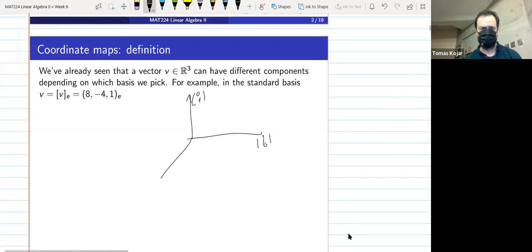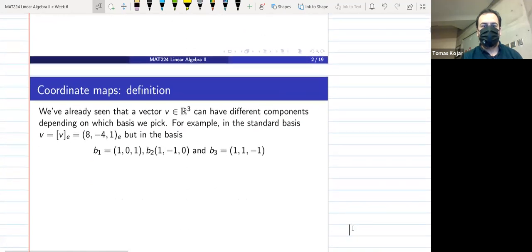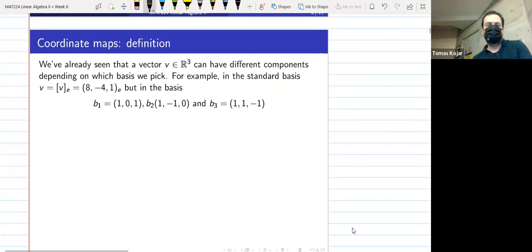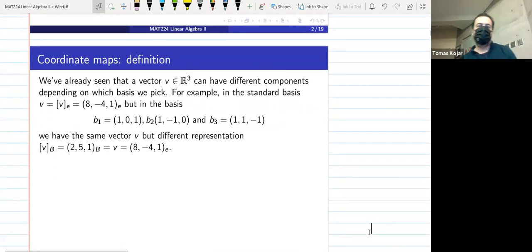So this is in 3D. So 0, 0, 1, 1, 1, 0, and 0, 1, 0. But you could have another basis, beta. So call this the beta basis. And I will spare you the computation, but what you do is you can write the standard basis.